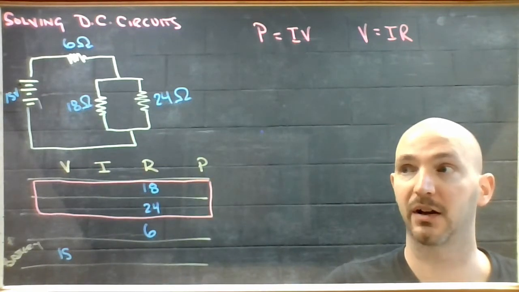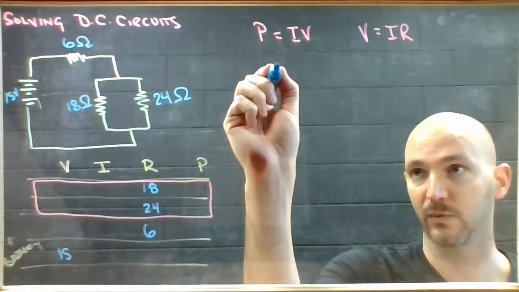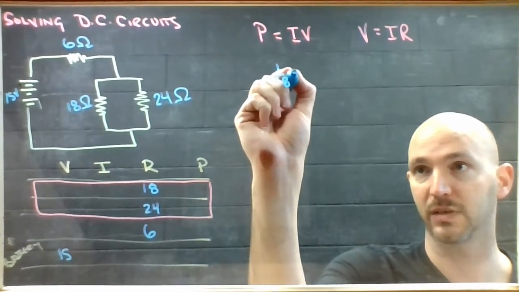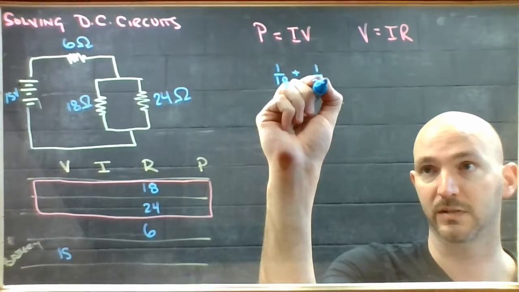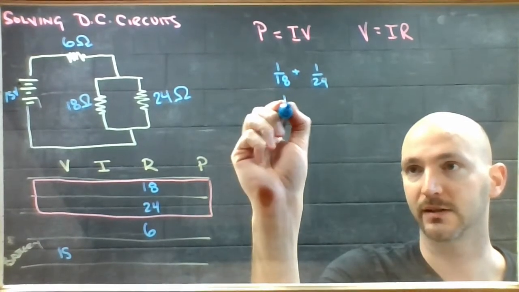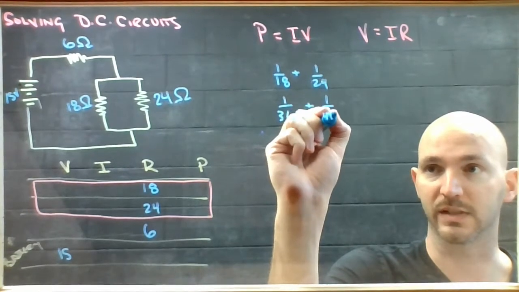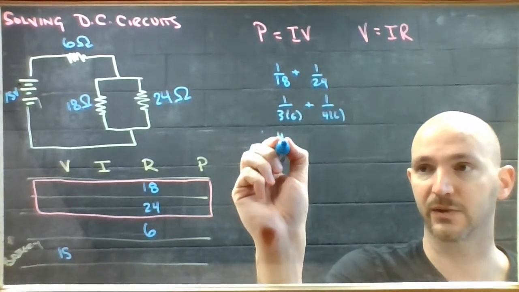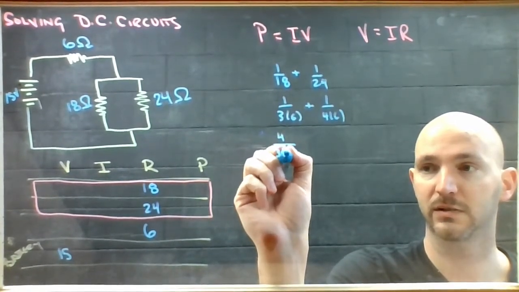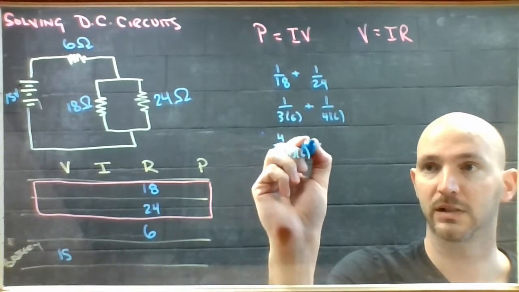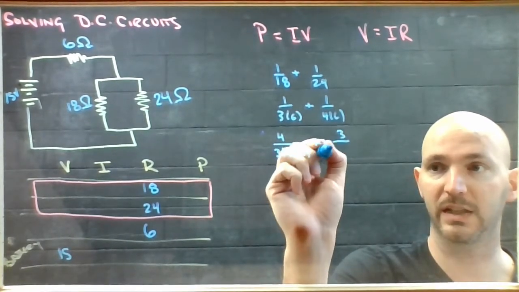So I'm going to figure out what they're worth together. So 1 over 18 plus 1 over 24. Well, that's 3 6s. This is 4 6s. So this is missing a factor of 4. And this is missing a factor of 3.